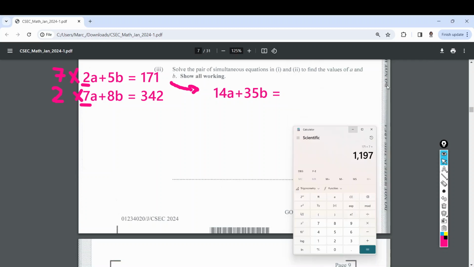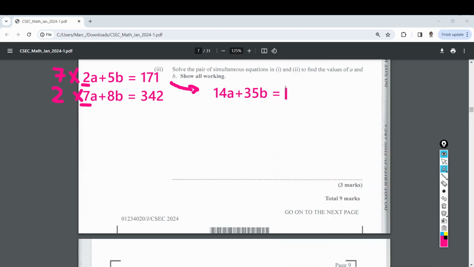All right, so 1197. And the bottom, guys, we need to multiply that by 2. So 2 times 7a is 14a, plus 2 times 8b is 16b. Cool. And 2 times 342 now is 684.